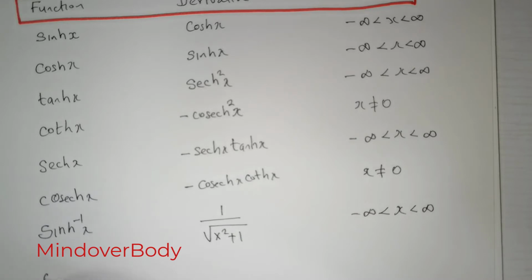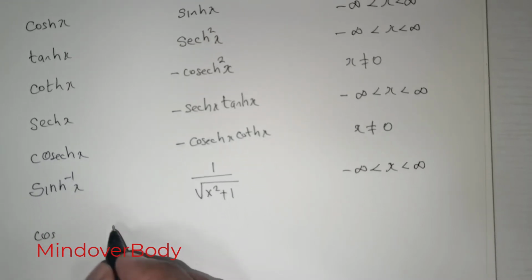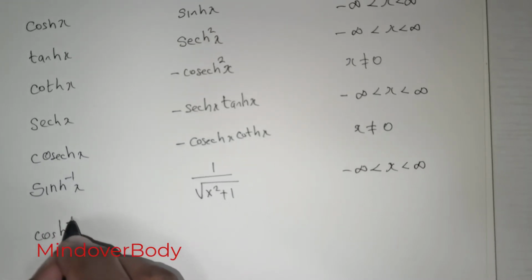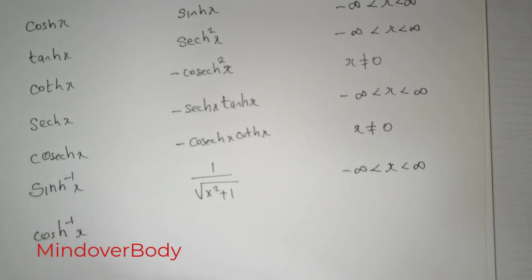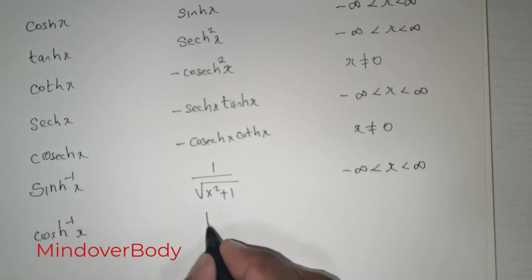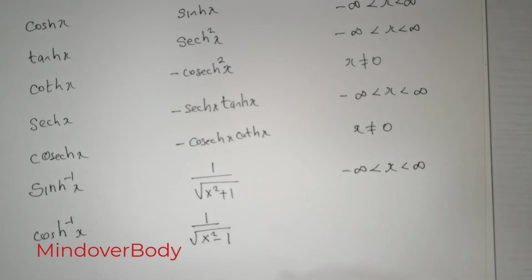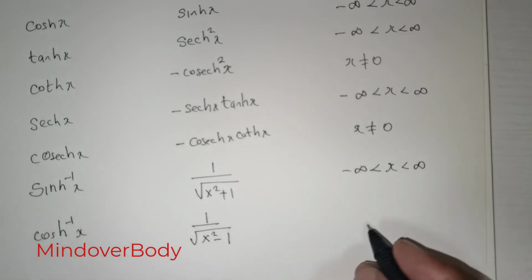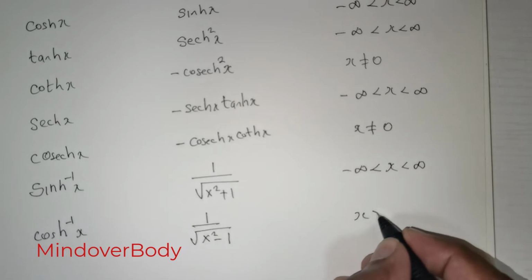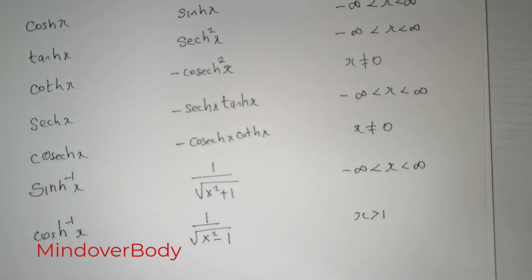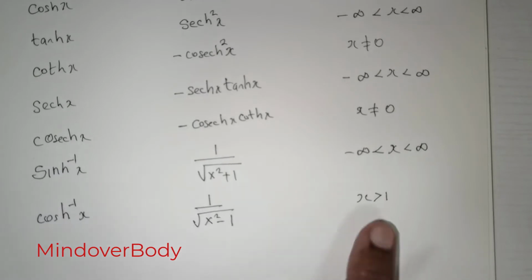Now after this comes cosh inverse of x, and the derivative of cosh inverse of x is going to be 1 over root of x squared minus 1, and for this x is greater than 1. Simple as that, because if x is not greater than 1, this one will perish.